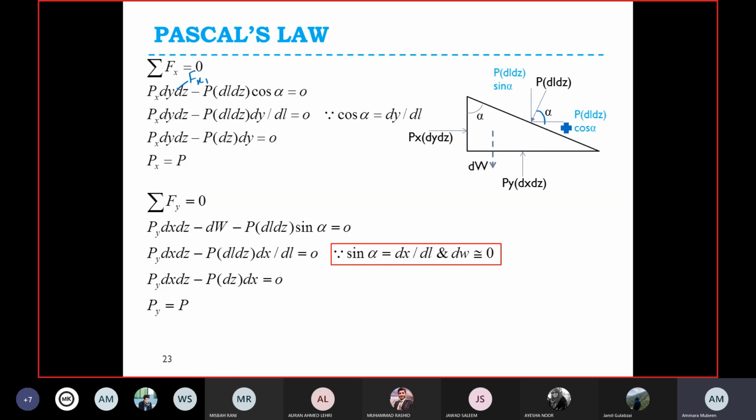The angle between the horizontal and the force, which we call F, which is the force on the inclined surface.